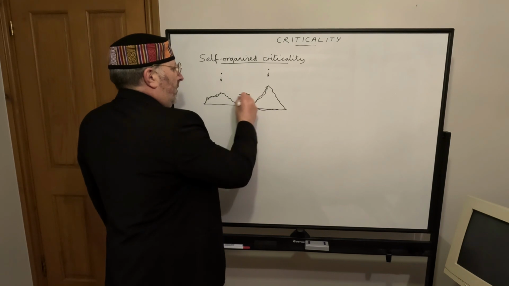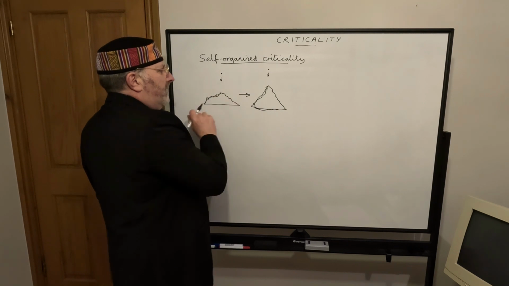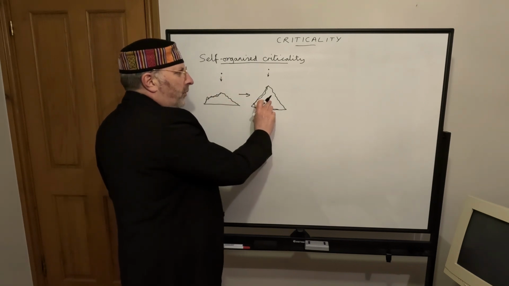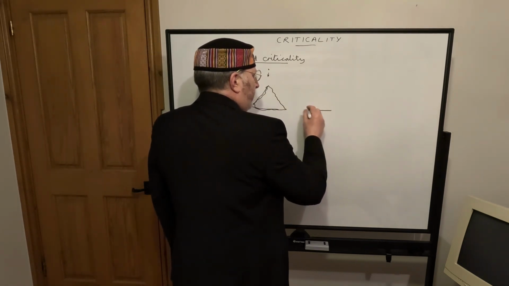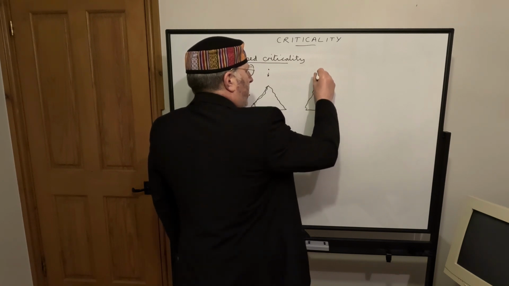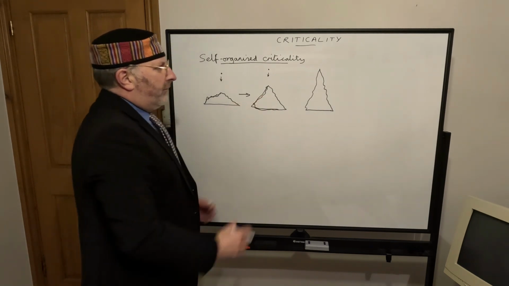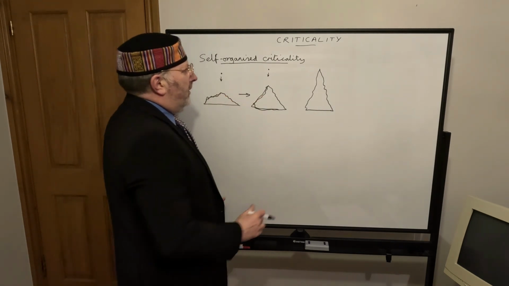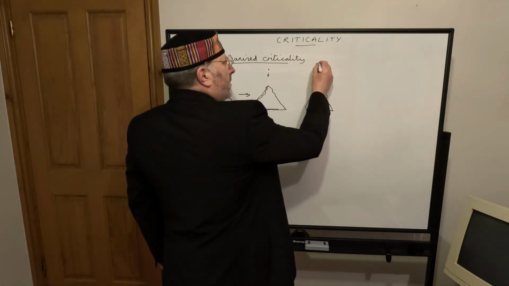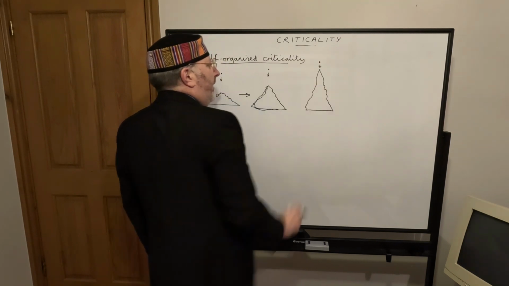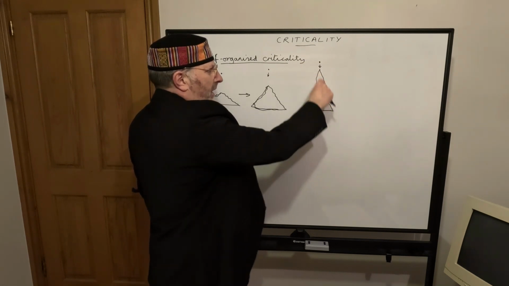So if you're not in the critical state, as you keep feeding the sand into the system, it will evolve towards the critical state. And similarly, if somehow you made an effort to pile the sand up more steeply than that, so you deliberately made it very steep, and you dropped grains of sand on it, then there would be a great likelihood of a big avalanche.